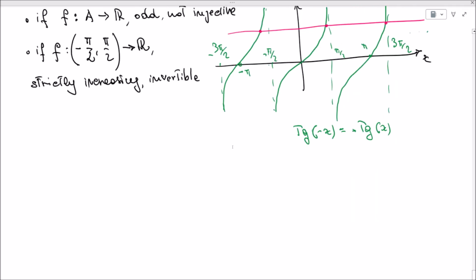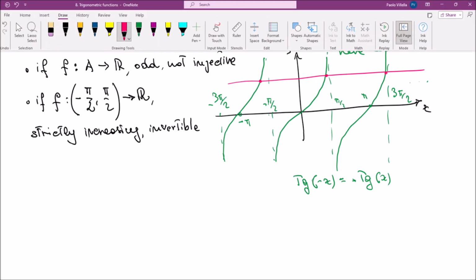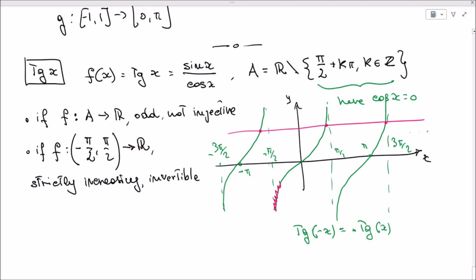What will be the inverse function? So we are now taking only this part, the part of the function where we do the inversion.